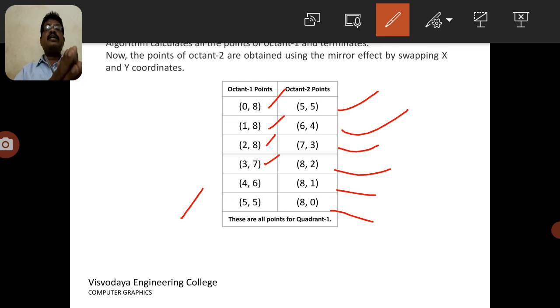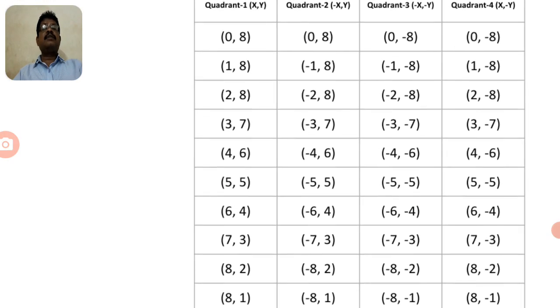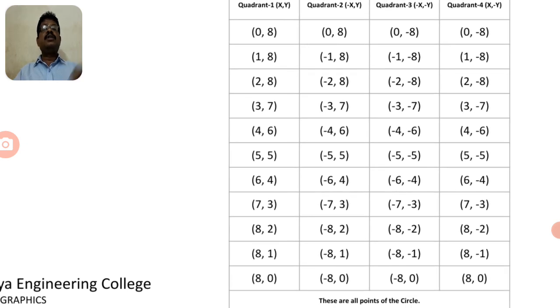The two octants become one quadrant. So the one quadrant value is taken directly in this manner. So here you can observe this is the first quadrant value. In this first quadrant value, the 0, 8, 1, 8, we will combine the octant 1 value and octant 2 value to become quadrant 1.